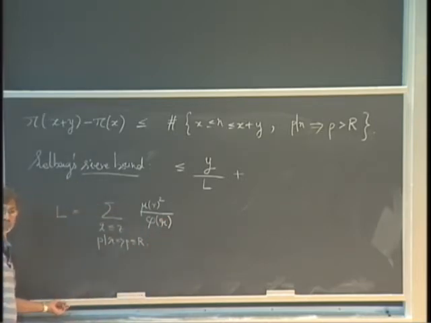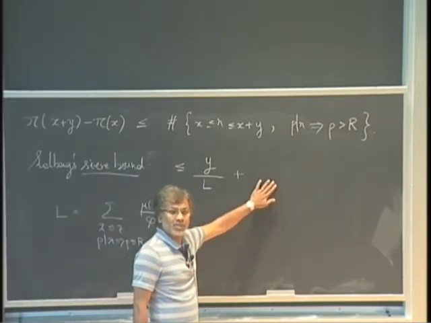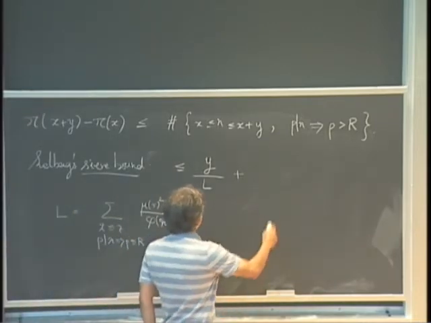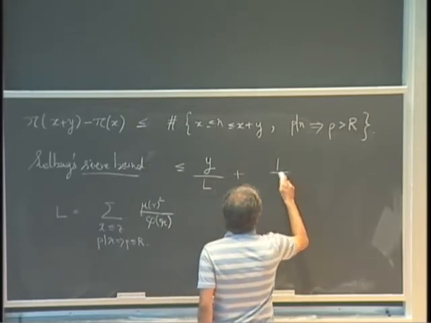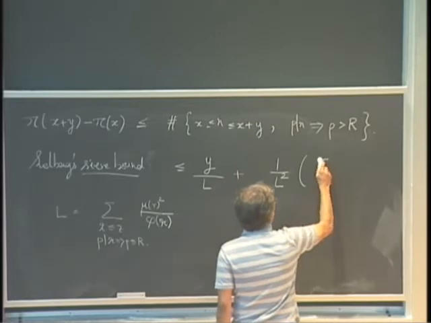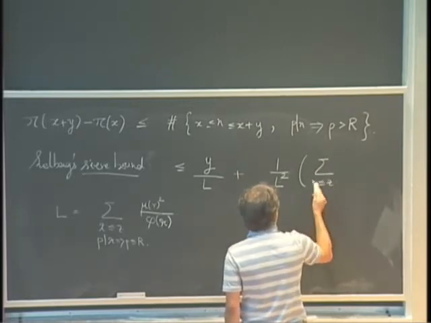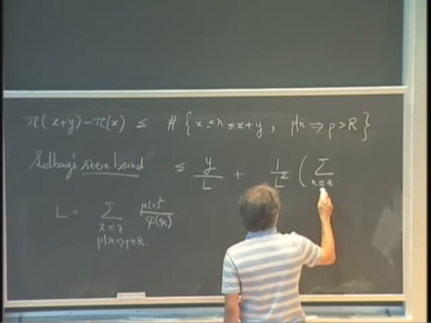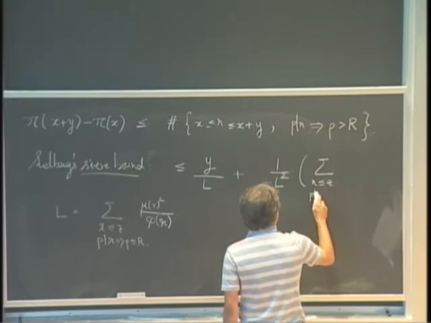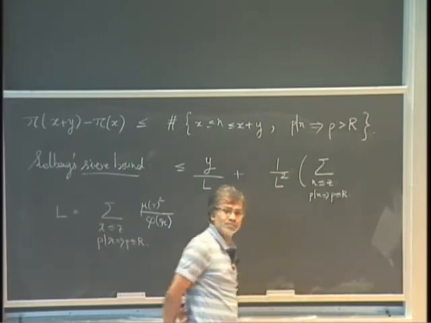Right? And then there was a remainder term that we worked out explicitly last time as well, which was something like 1 over L squared, and then a sum over n less than z, again supported only on numbers with small prime factors.